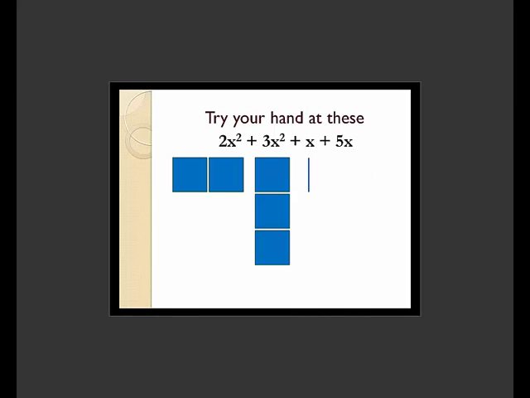And I have 1 positive x, and I'm going to add 1, 2, 3, 4, 5 x's. Now when I combine the x squareds, I have 5 of them. And when I combine the x's, I have 6 of them. So this would be 5x squared plus 6x. And these are examples of taking an expression and simplifying it by combining like terms.